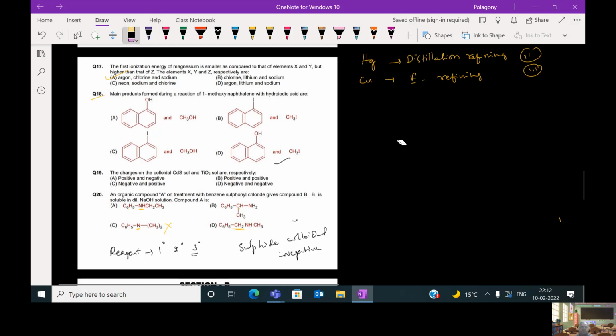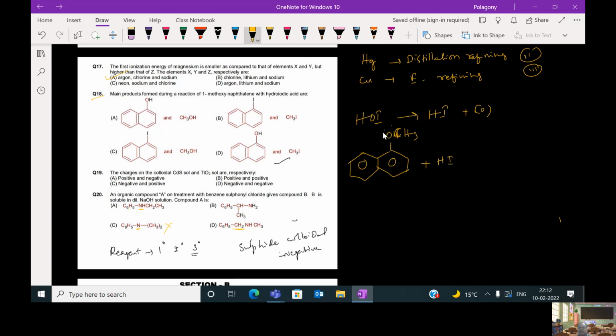The main products formed during the reaction of 1-methoxynaphthalene with hydroiodic acid. So hydroiodic acid HI decomposes. Here is methoxynaphthalene, CH3, treated with HI.